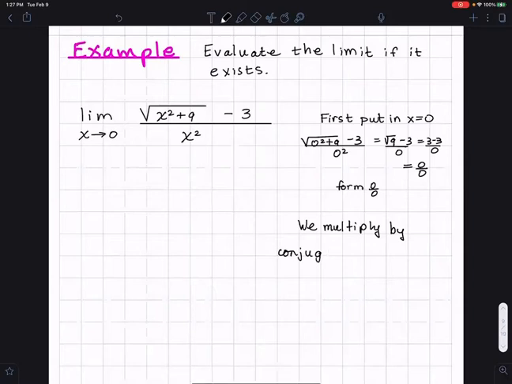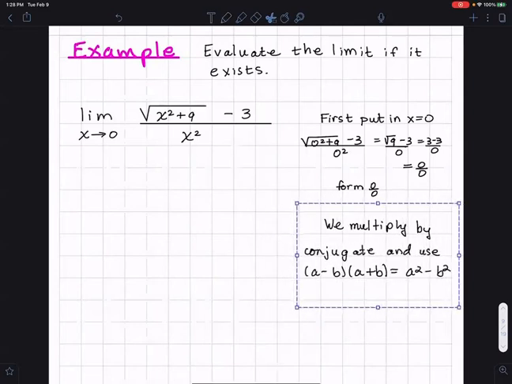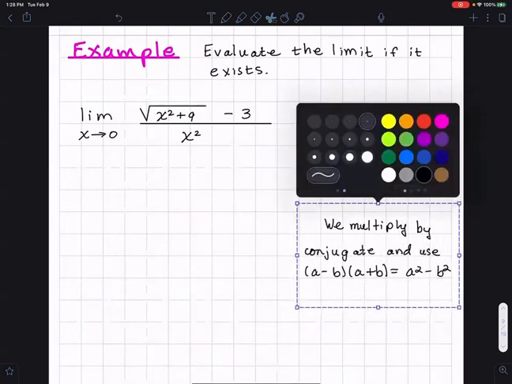And then I'm going to use this simple algebra formula, a minus b times a plus b equals a squared minus b squared. So I'm going to do that. Okay, so let's see if I have enough space after putting all that there. Change the color to something a little brighter maybe.